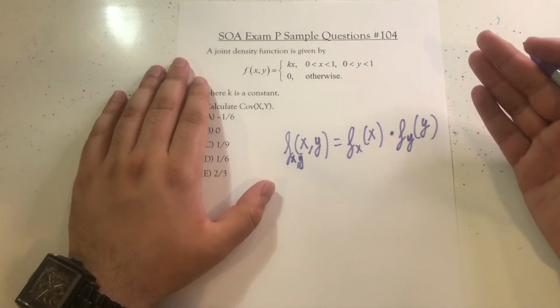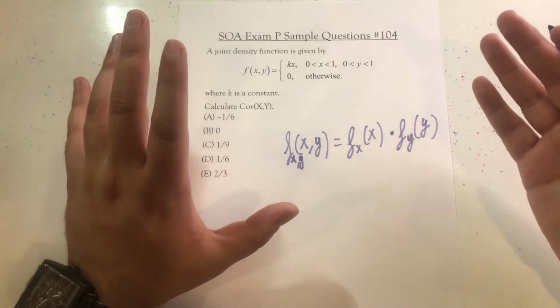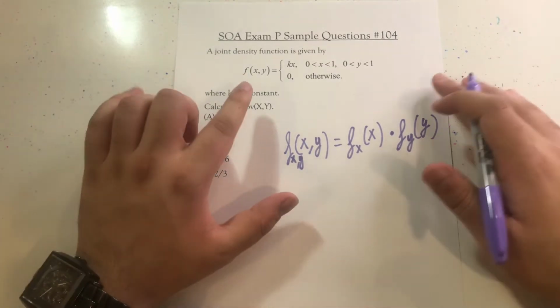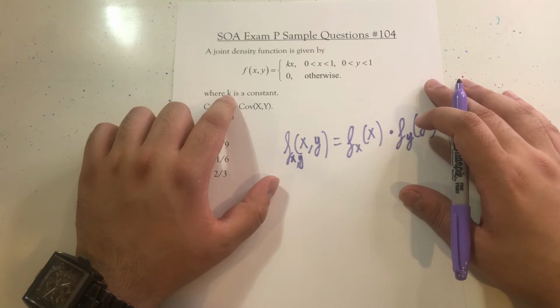So are we able to write the functions of x and y separately so that their product is equal to f of x comma y?